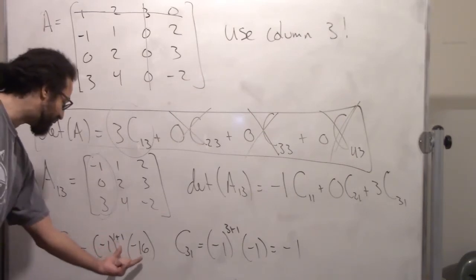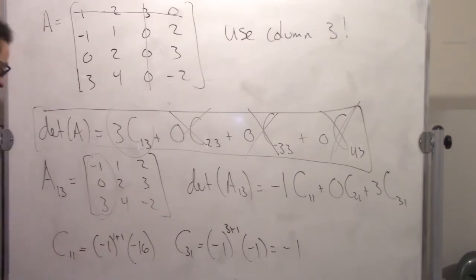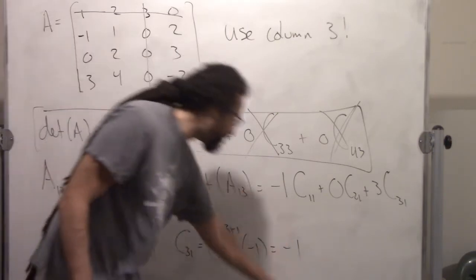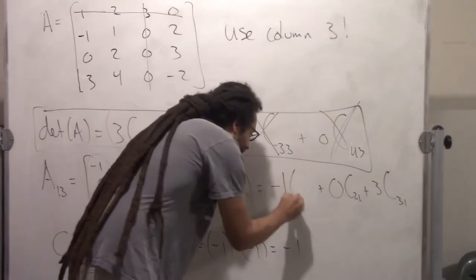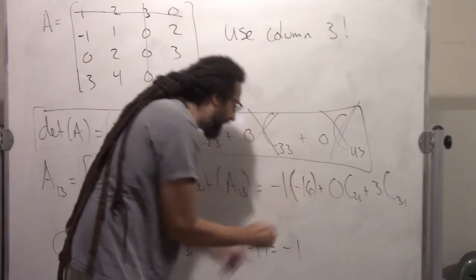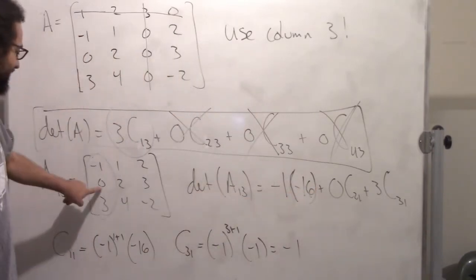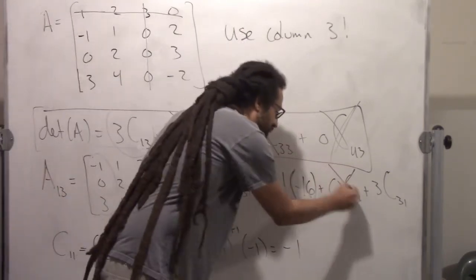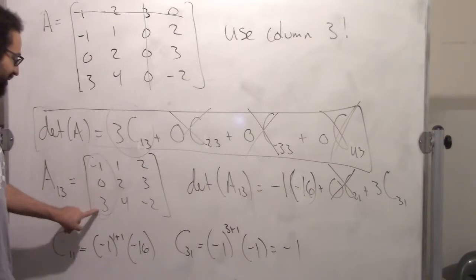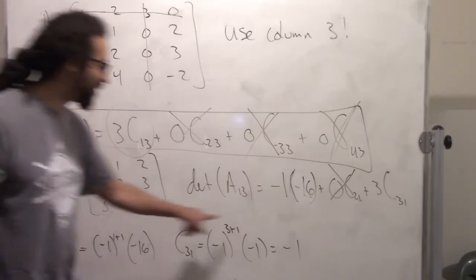And so this whole thing is just negative 16. So the 1, 1 cofactor of the smaller matrix is negative 16. And then next, 0 times the 2, 1 cofactor. Don't need to worry about it.